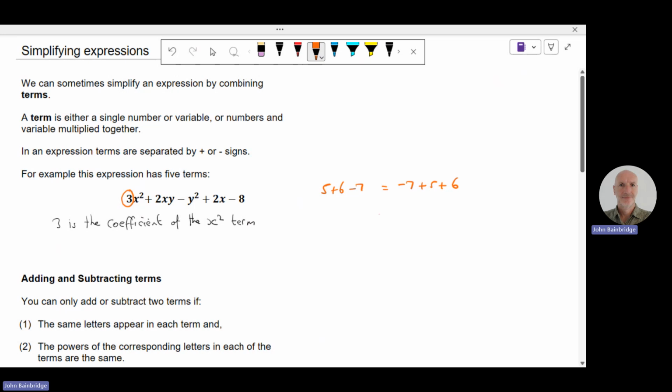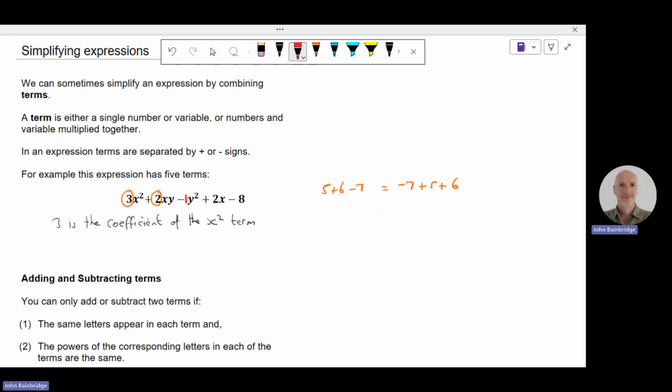And we could say that plus 2 is the coefficient of xy. Now we've got minus y squared, so there's an implied 1 there. When it's just 1, we don't put it in.